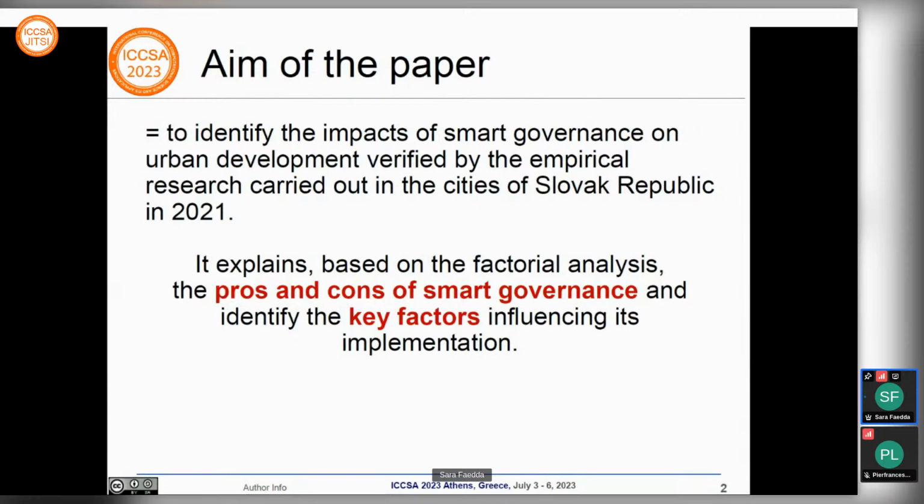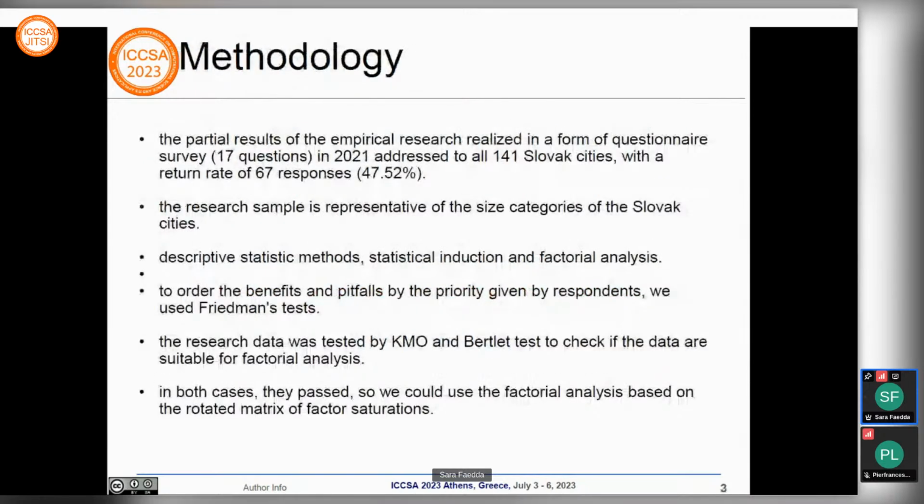We try to explain how smart governance impacts urban development. We focus on the pros and cons, the benefits and pitfalls of smart governance, and based on this analysis, by using factorial analysis, we identified the key factors which influence these effects. As I said, these are just selected research results from our research that was realized in 2021.